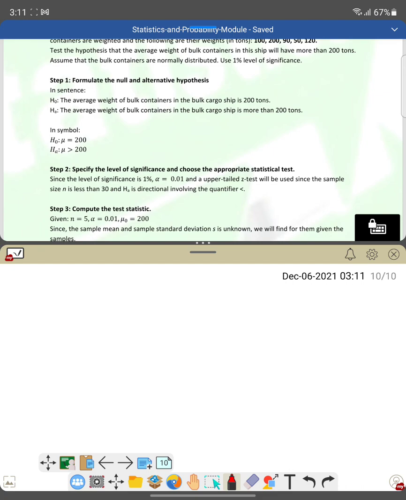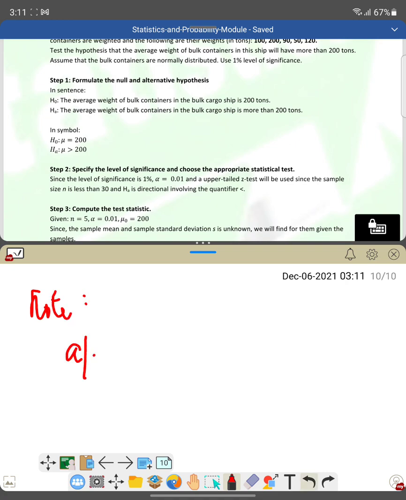So step 2: specify the level of significance, that is 0.01. And take note, we have a directional test. That means we don't need to divide alpha by 2.